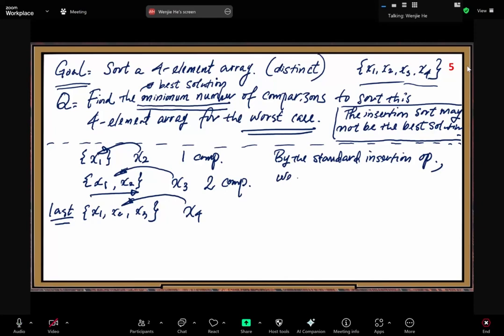We need 3 comparisons for the worst case.